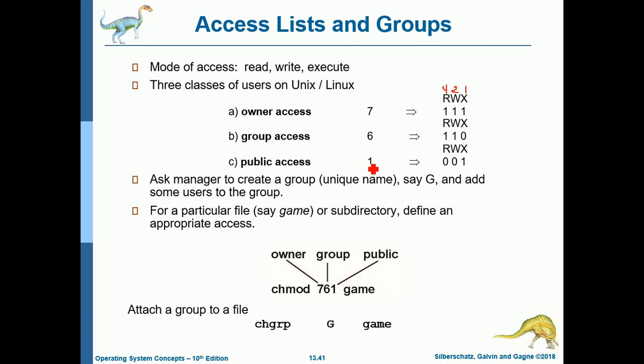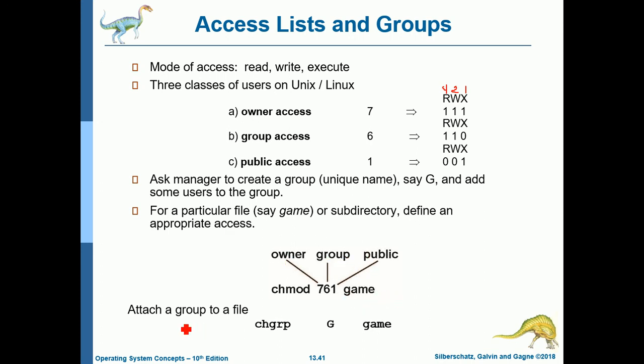So ask the manager to create a group with a unique name, say G, and add some users to the group. For a particular file, say game, or a subdirectory, define an appropriate access. To define, for example mode 761, meaning owner, group, or public, and then the subdirectory is game.